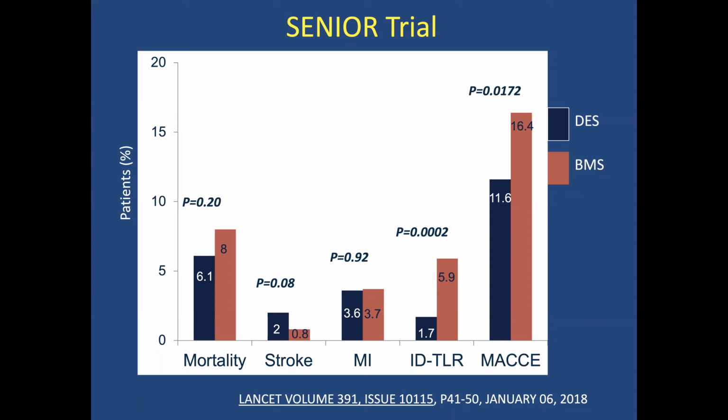But this study here demonstrates that even shortening dual antiplatelet therapy to 1 month for stable coronary disease and 6 months for acute coronary syndrome in those patients who are high bleeding risk based on age greater than 75, there was a significant benefit for overall MACE and no significant difference in mortality, stroke, or MI.